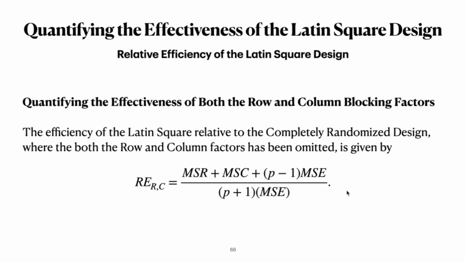The relative efficiency computed this way, which compares the efficiency of the Latin square to the efficiency of the completely randomized design, is MSR plus MSC plus p minus 1 times MSE, all over p plus 1 times MSE. And again, all of these mean squares are obtained from the ANOVA table for the Latin square analysis.